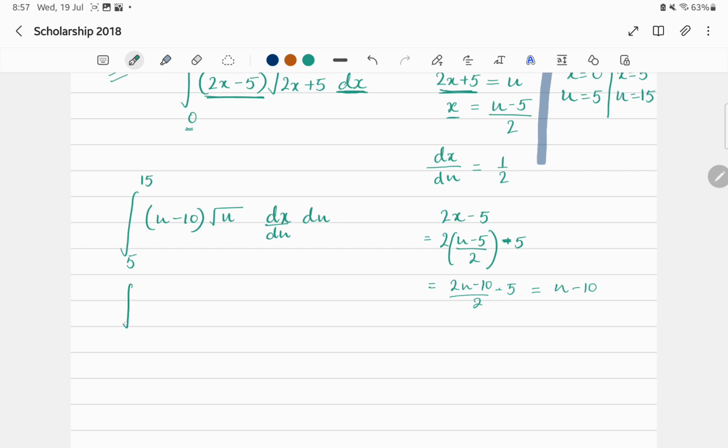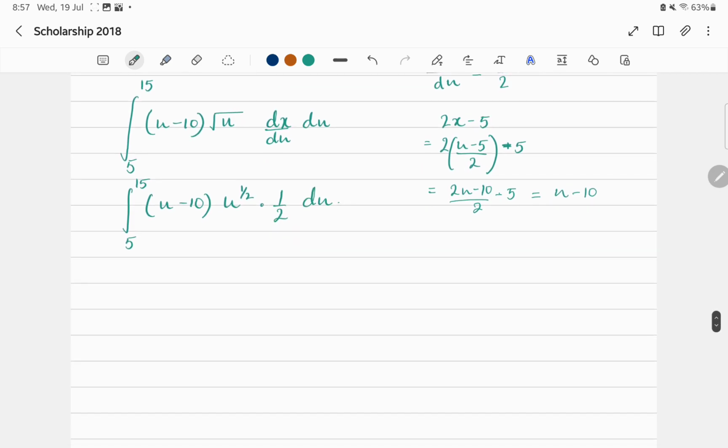So now let's integrate from 5 to 15. u minus 10, square root will be u to the power of half, and this is half du. Now let's simplify a little further.